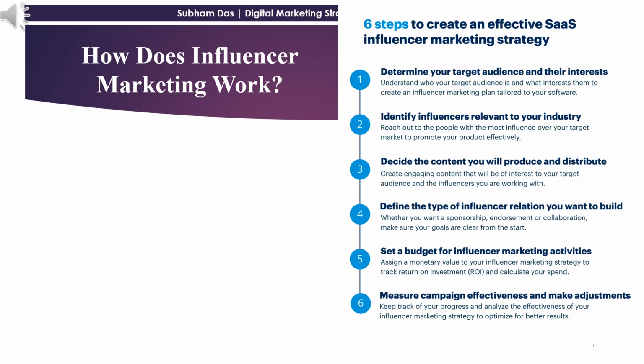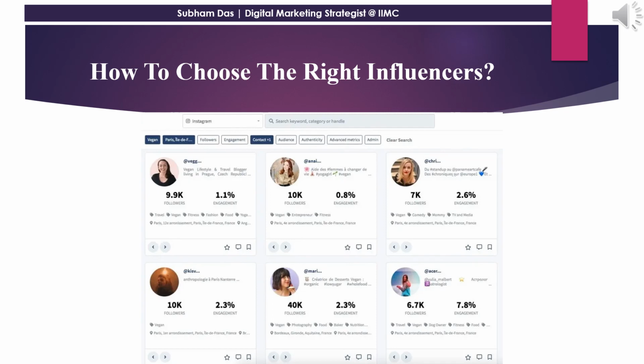Now, what next? How do you choose the right influencers for your business? So there is something called the ABCC of influencers. A stands for authenticity, B stands for brand fit, C stands for community, that is reach, resonance and relevance. And another C stands for content.